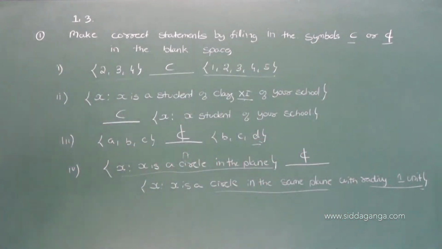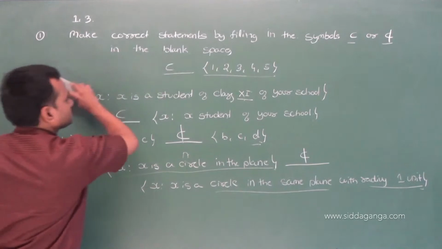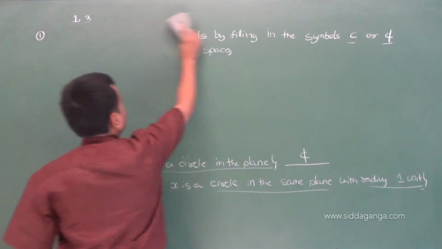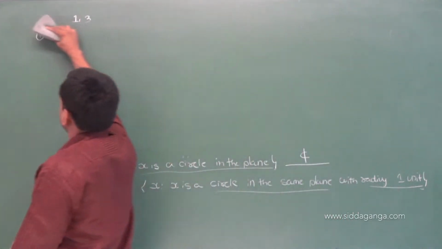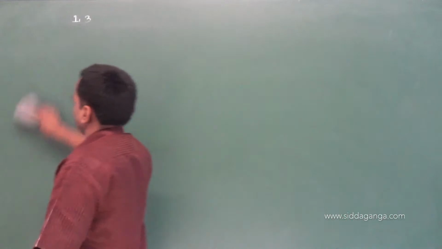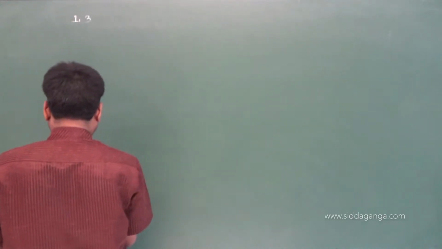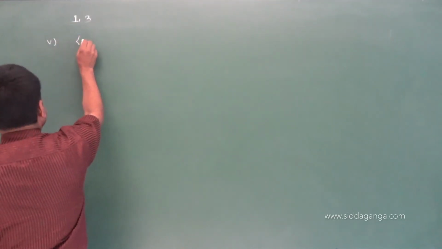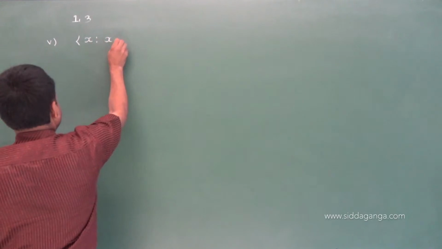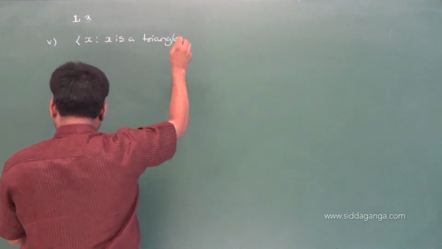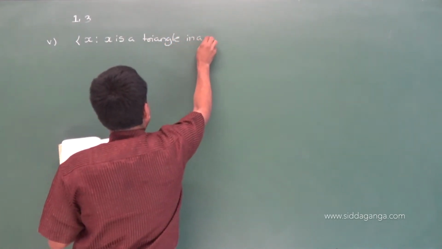Next problem. Fifth one. X such that X is a triangle in a plane.